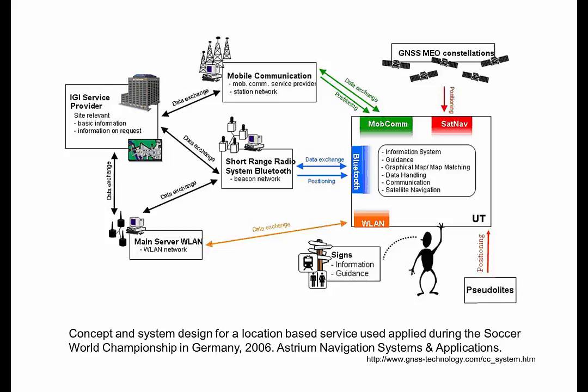We've got Bluetooth communications that are going to things like service providers, basic information, mobile communication systems. It's all to do with communications and stuff like that, but that's one example of a sort of conceptual model. Even if we don't understand what it actually is about, we can see that it's to do with how the various technologies are used to exchange data between the various organisations involved and places involved in the championship.